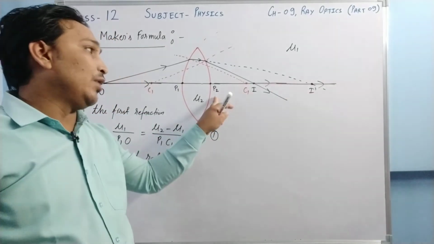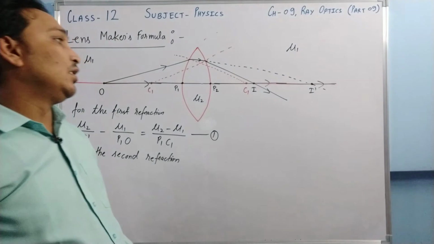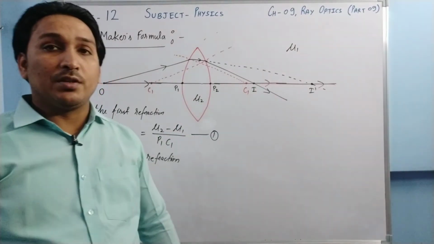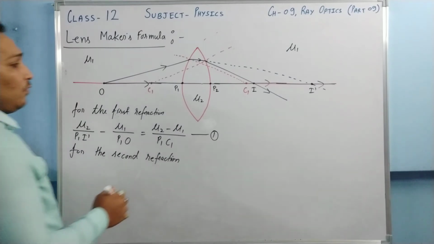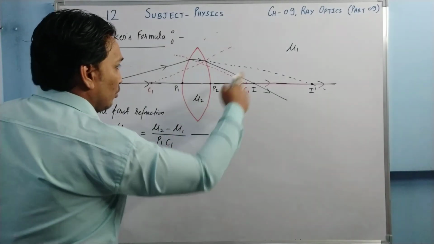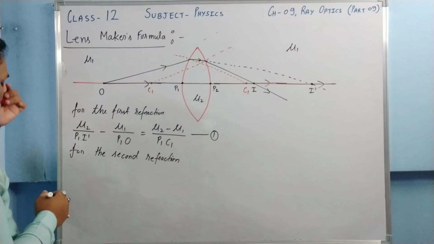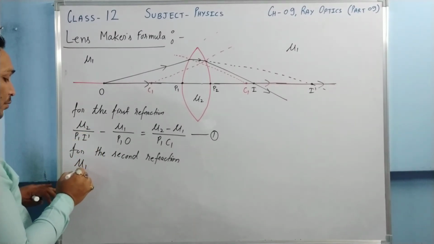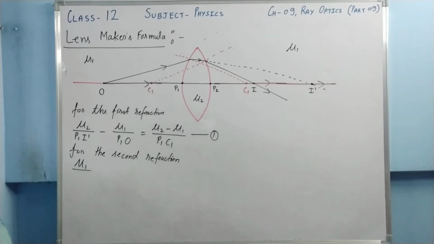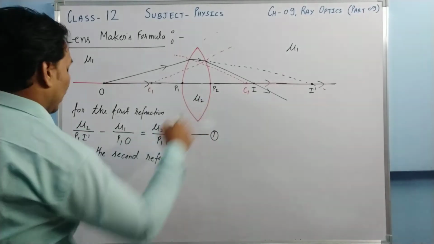So P2 I dash is going to be our object distance, P2 I is going to be our image distance. So let us try to write the equation. Now the ray of light is going from mu2 to mu1, so mu1 will be acting as our second medium. So according to the formula, refractive index of second medium, which is mu1, upon image distance. Where is the image distance? It is P2I.